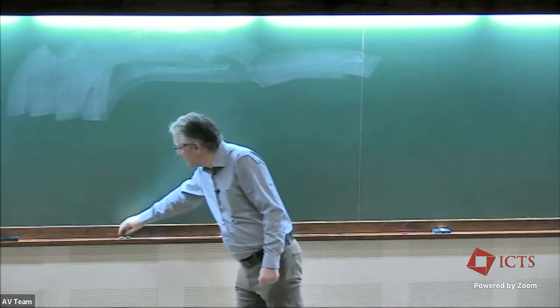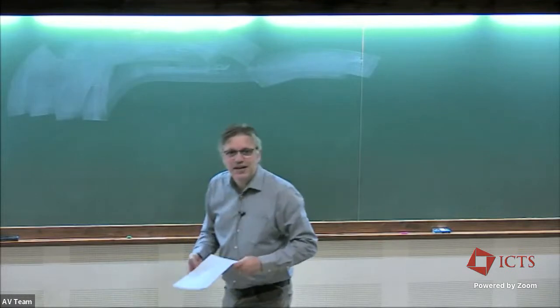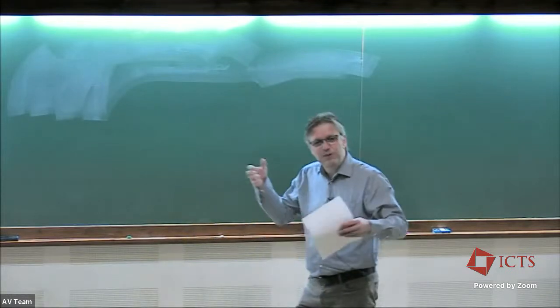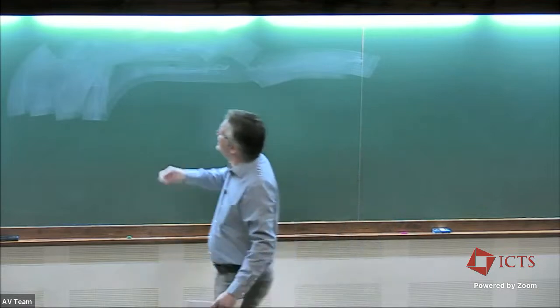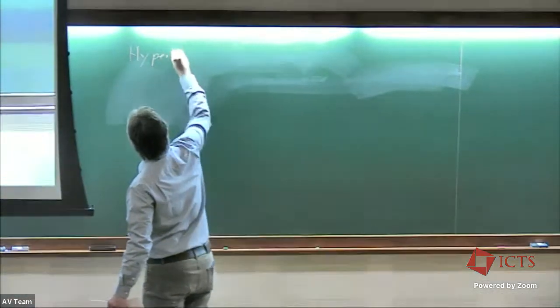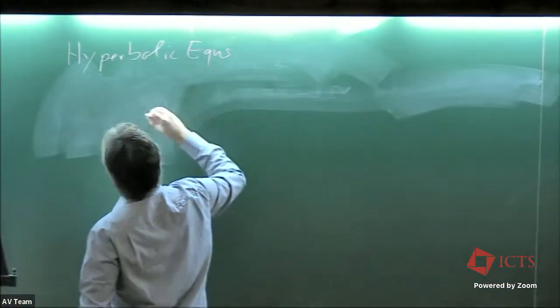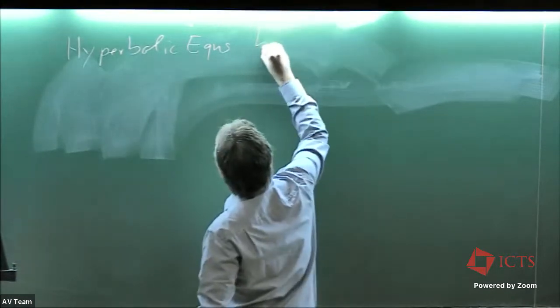And we will spend most of our time talking about how to do time stepping and especially how to do boundary conditions if we have boundary conditions. So, hyperbolic equations.